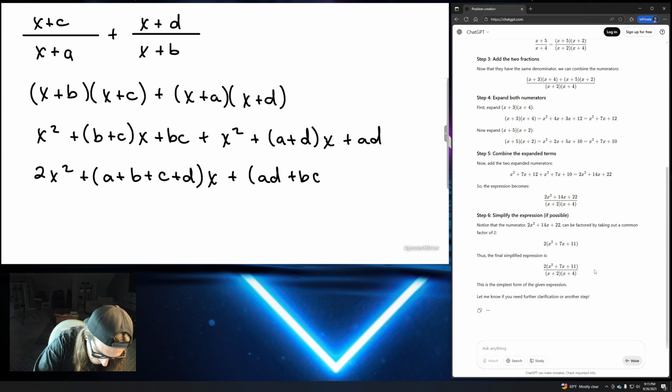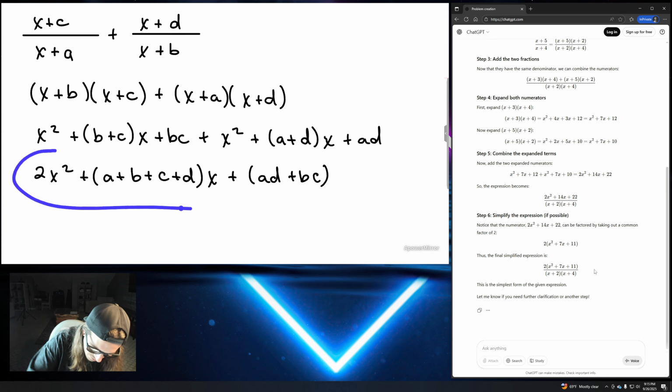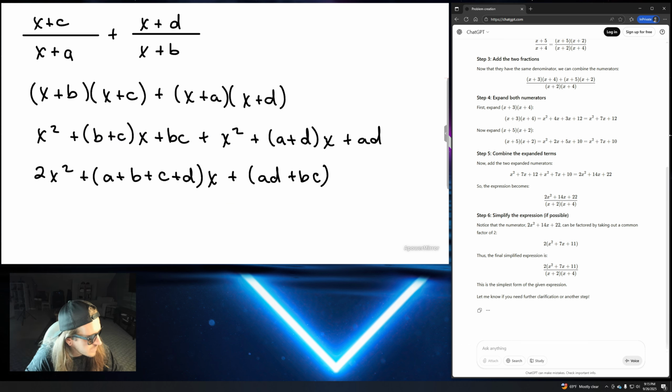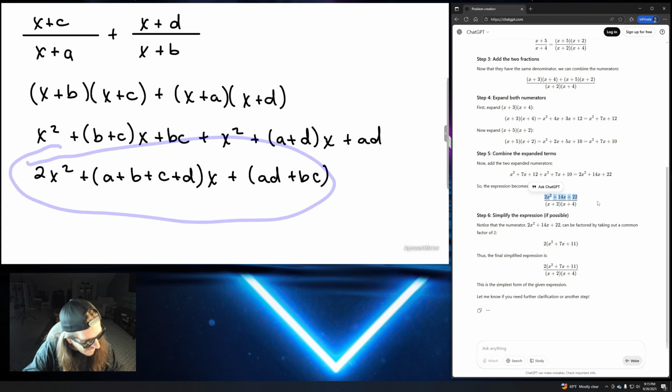Okay, so this right here would be the resulting trinomial in the numerator. So if we're looking at ChatGPT, this would correspond to the 2x squared plus 14 plus 22, just the numerator. So what I have written down corresponds to what I have highlighted.